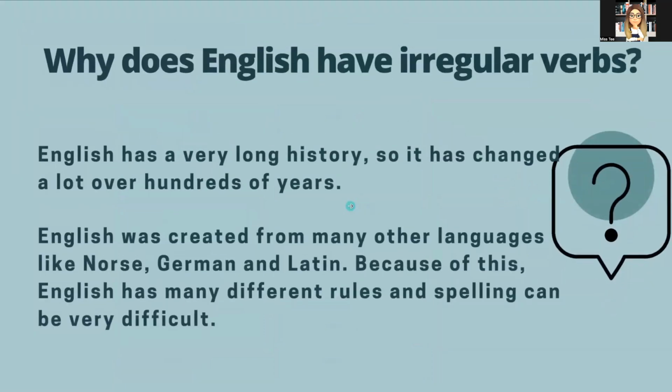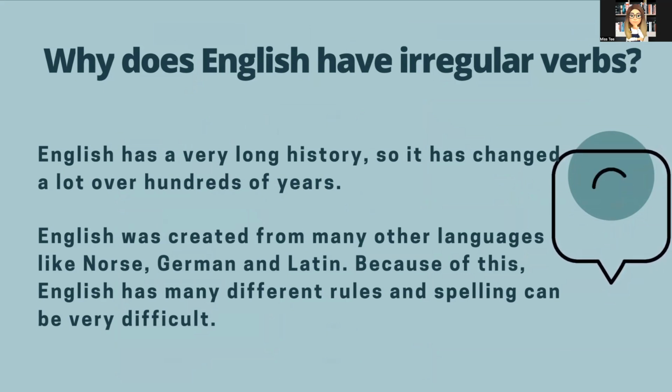Now, we're going to go into a little bit of a history lesson in case you're one of the many people who wonder, why is English like this? English is very difficult, and a lot of people, I've been a teacher for almost 10 years, say, well, why don't they just make ed on everything or d on the end of everything and make it very simple?